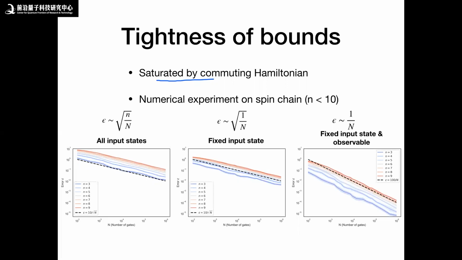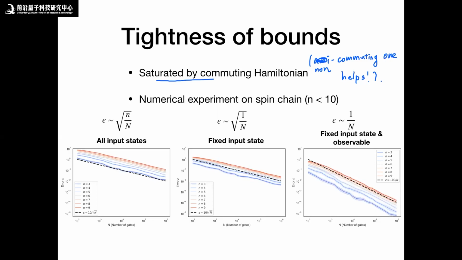Interestingly, it is a commuting Hamiltonian that saturates all these behaviors, and not an anti-commuting, non-commuting one actually helps the performance. We also have this example in our paper. Anyway, it's saturating them, so our bounds are really capturing what's happening.